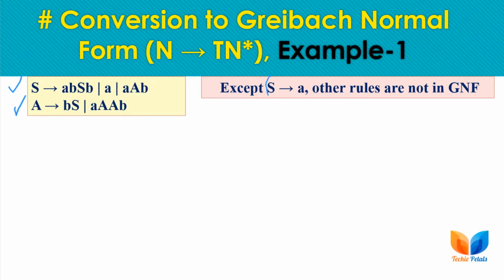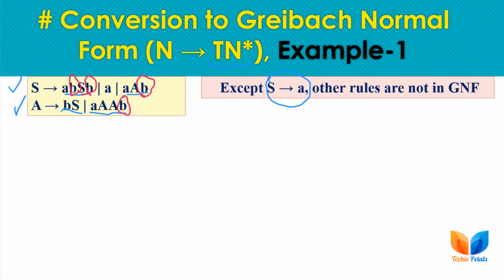In this example, except this rule, which is already in GNF, all other rules are not in GNF. If we check carefully, this is not in GNF, and this is not in GNF, because the terminal is not followed by a string of non-terminals, as the requirement is that the terminal should be followed by a string of non-terminals. Here we also have terminals on the right hand side, as B is creating a problem here, and B is also creating the problem in this production rule.